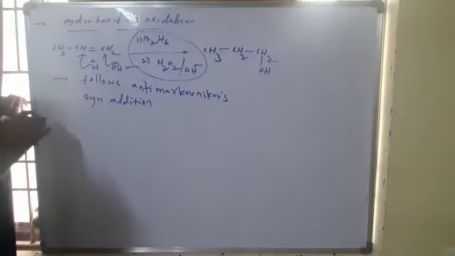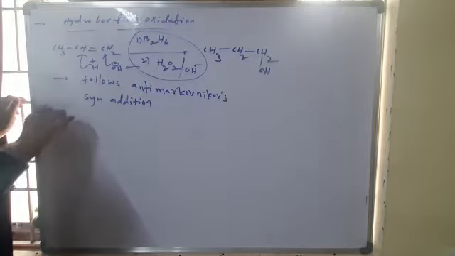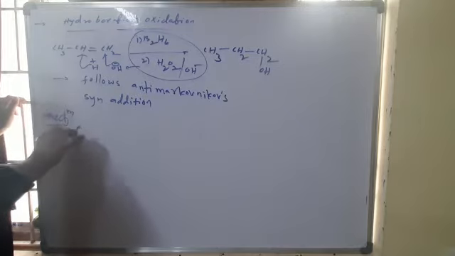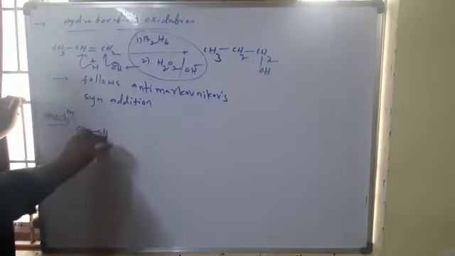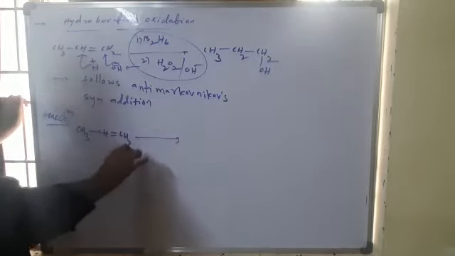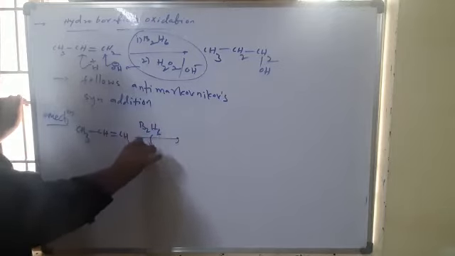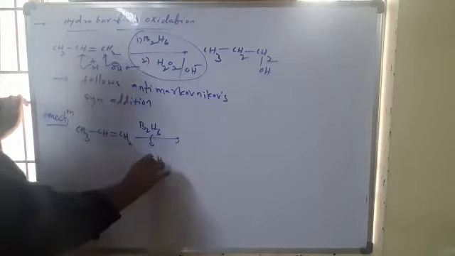Okay? So if you see the mechanism for this reaction, B2H6 we can write in the form of BH3.